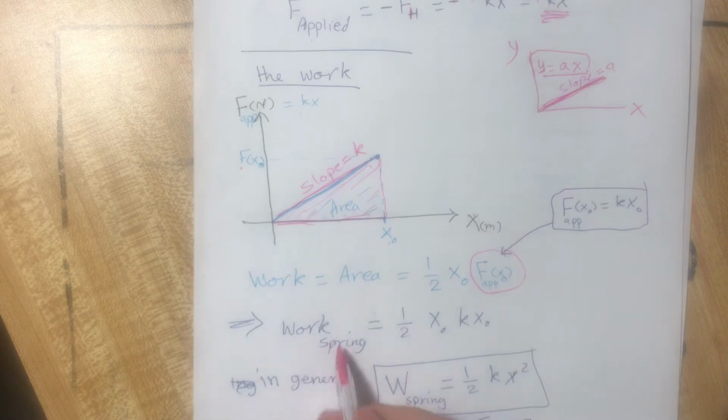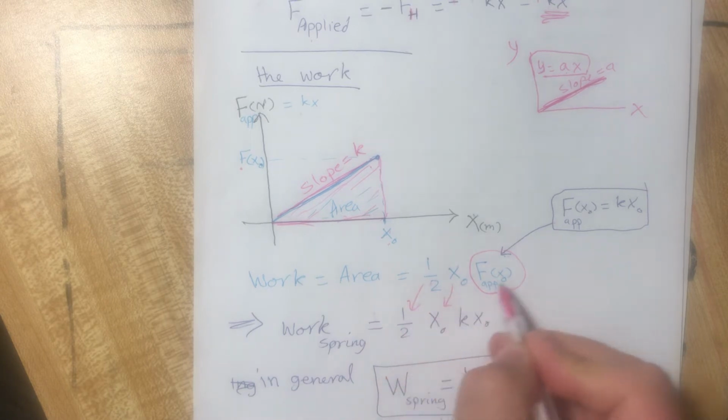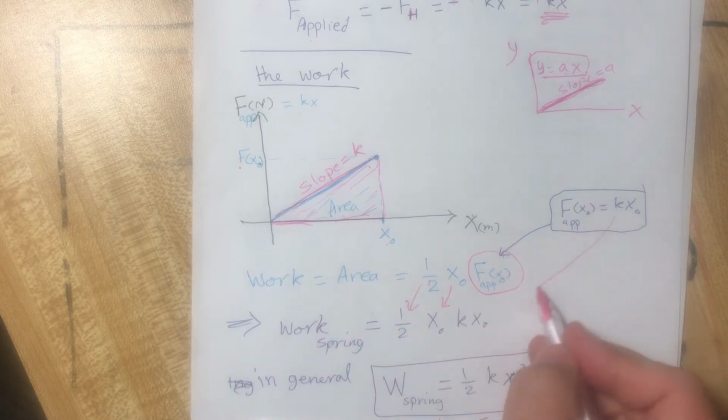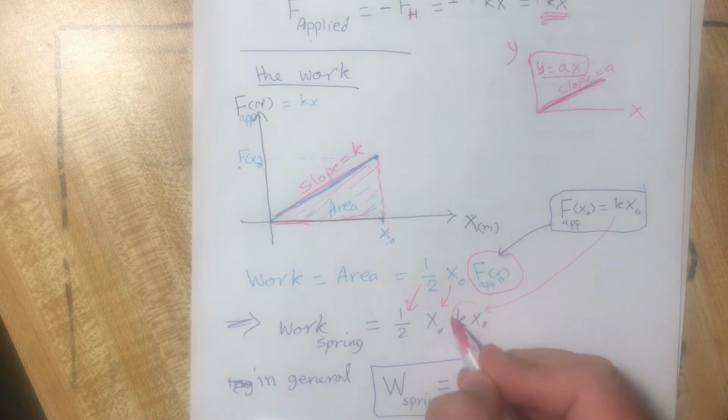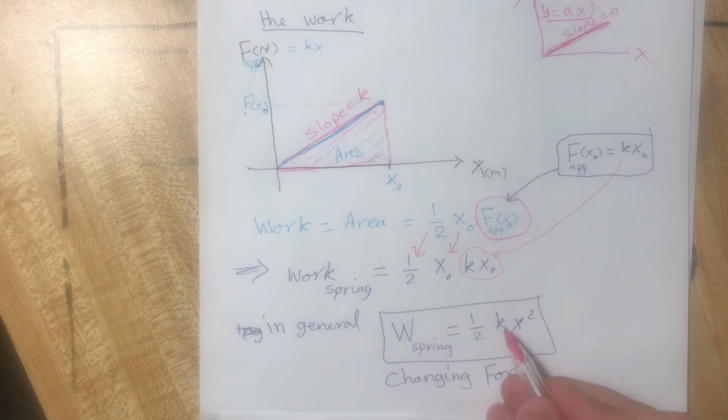In this case, the work done by the spring or the applied force will be equal to half multiplied by x naught multiplied by k x naught, which is the applied force. So the total area or the total work will be equal to half multiplied by k multiplied by x squared.